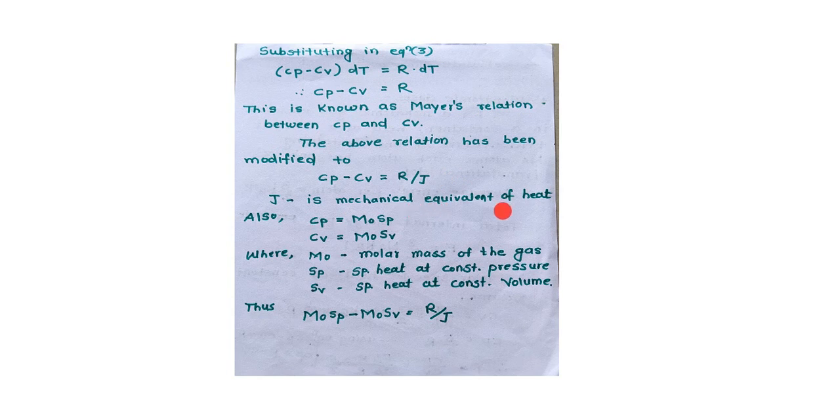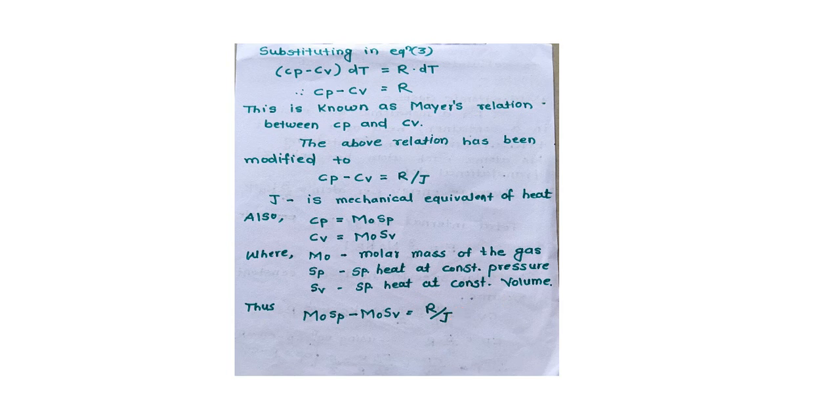Also we have Cp = m0 sp and Cv = m0 sv, where m0 is the molar mass of the gas, sp is the specific heat at constant pressure and sv is the specific heat at constant volume. Thus m0 sp - m0 sv = R/J.